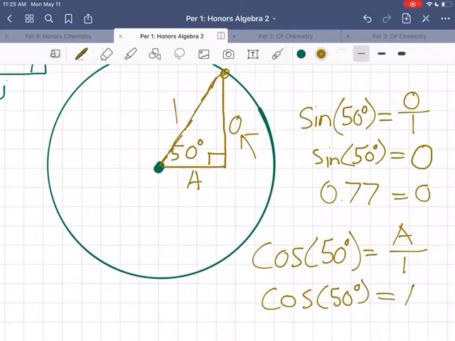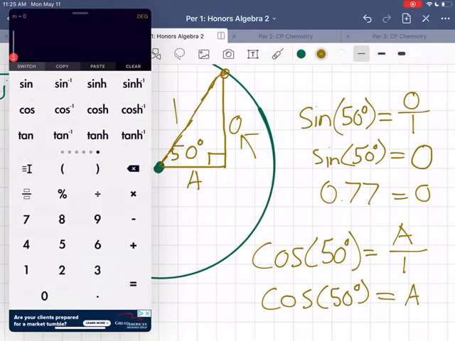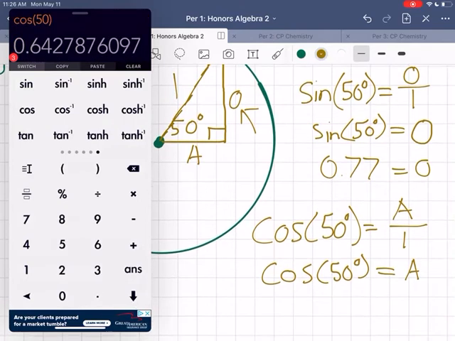A divided by 1 is just A, and then we can use our calculator. Again, making sure it's in degrees, and that is going to be the cosine of 50, which is slightly smaller than the last value, 0.64, and that is going to be the length of our side A.